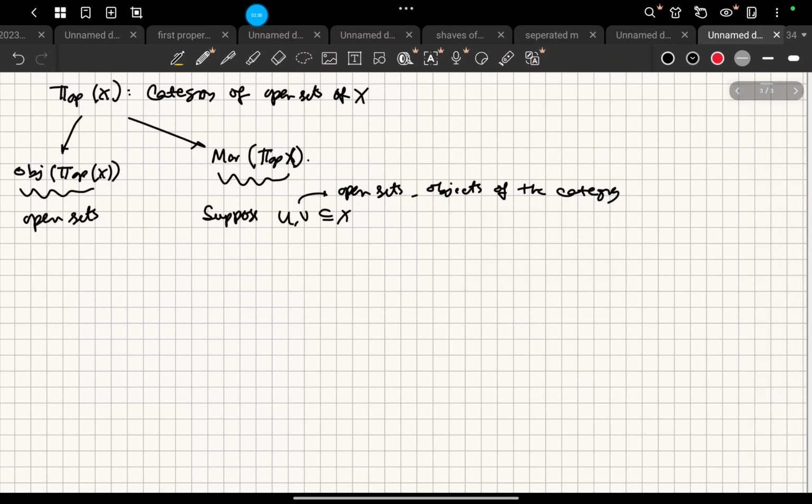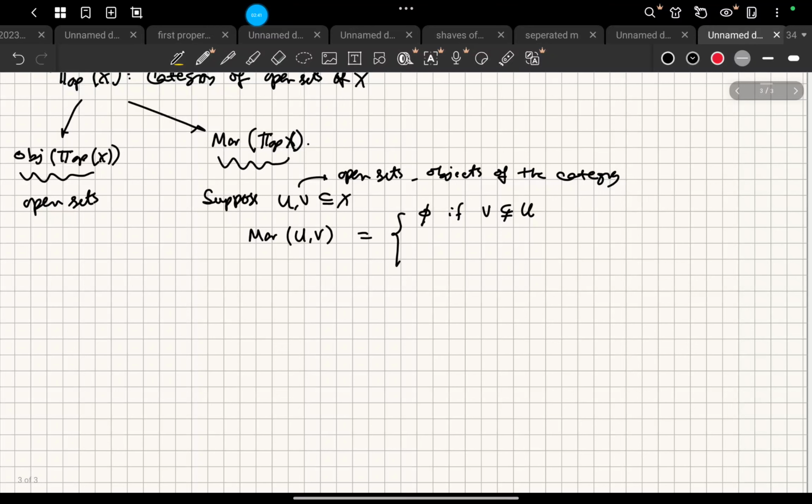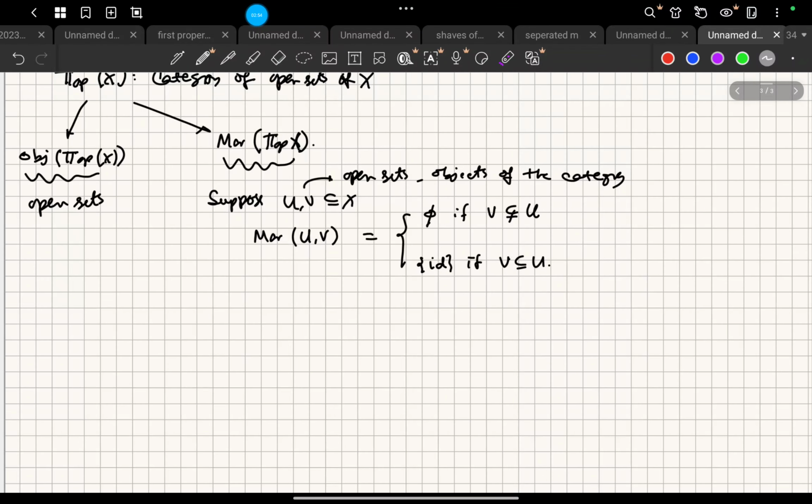Then the morphism between U and V is phi (empty) if V is not a subset of U, and it is the singleton of identity if V is a subset of U. So if we have two open sets U and V, there is a morphism, which is exactly the identity one, only when V is contained inside U; otherwise it is empty.